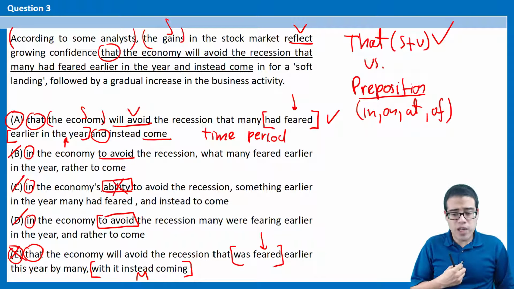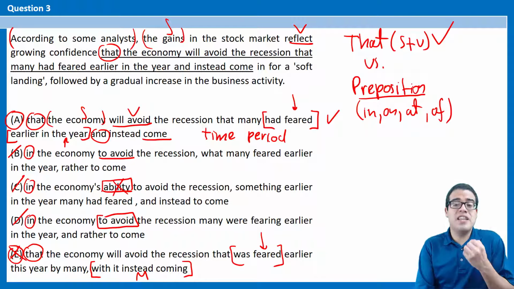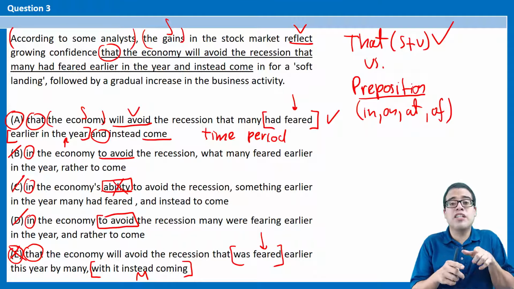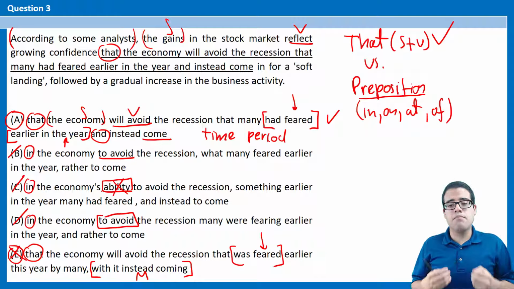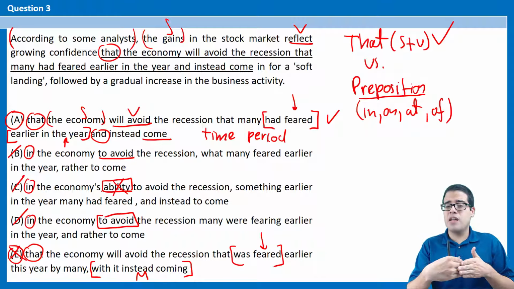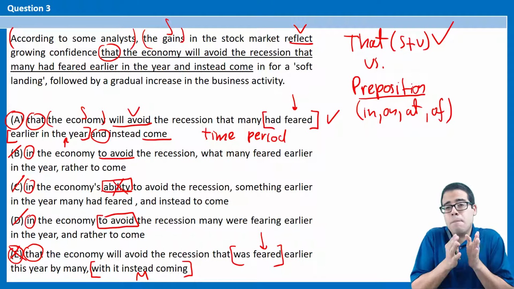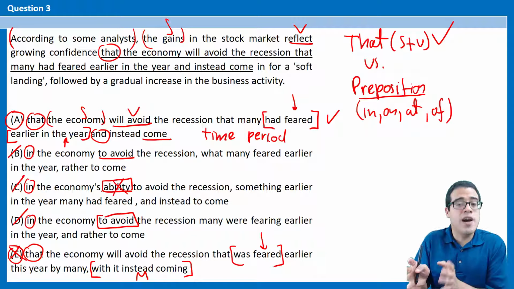You could also say was feared earlier this year, but the meaning is different. Okay? If you use simple past, was feared, which is also passive, it means that the action occurred at a very specific moment in time. But if you use had feared, it means that the action of fearing finished before another event or time period.